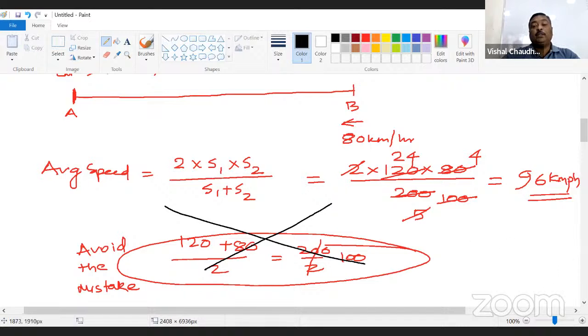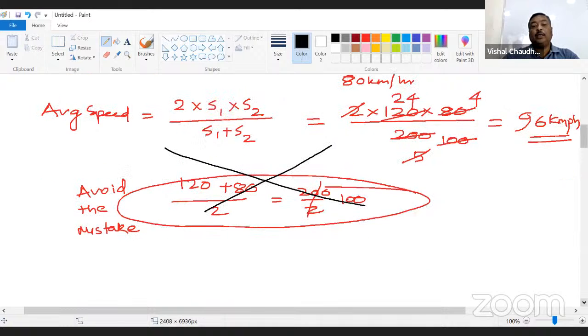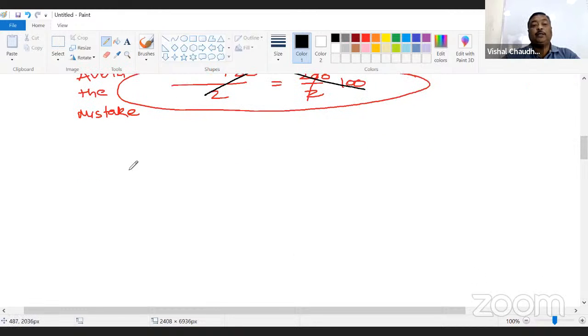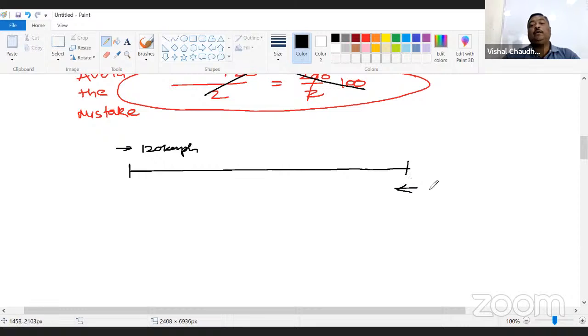Suppose if you have forgotten this formula, I will give you another method to solve it. Look carefully, same question I am doing. The car travels at 120 kmph, and from here it travels at 80 kmph. What I will take is, let's say x kilometers is the distance. So what is my average speed?